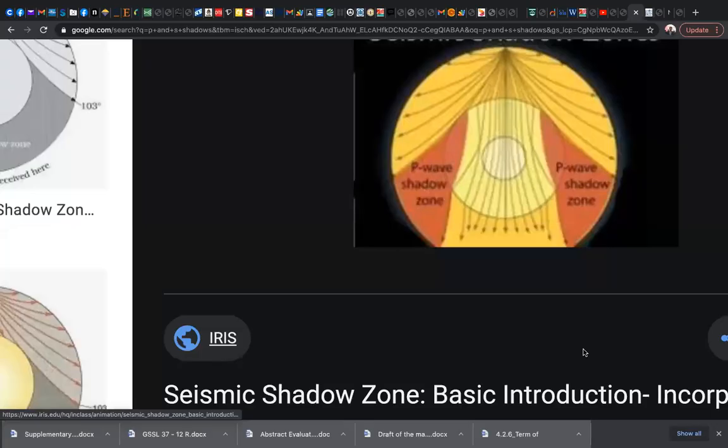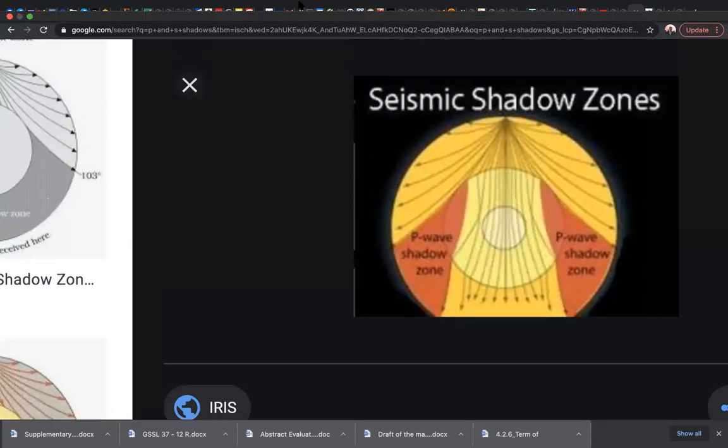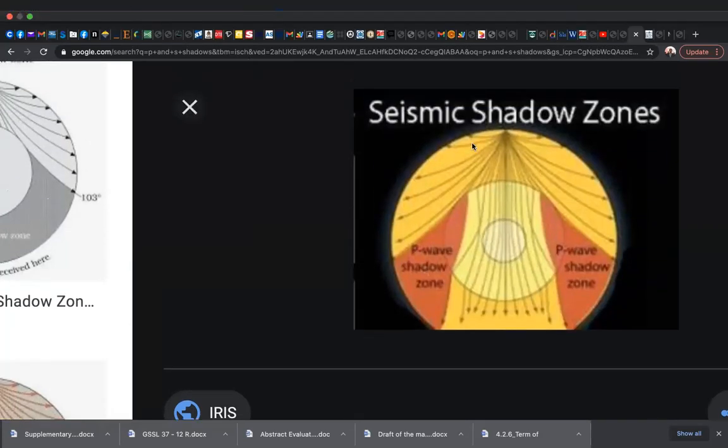So let's see whether you can find this. Okay, can you see this figure? Yeah, is it visible clearly?